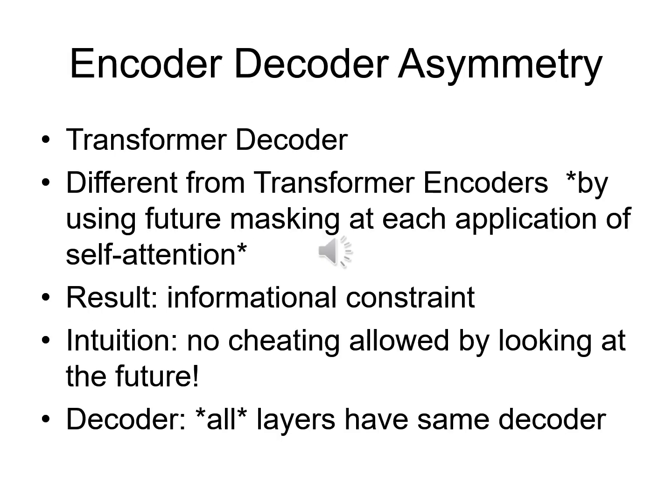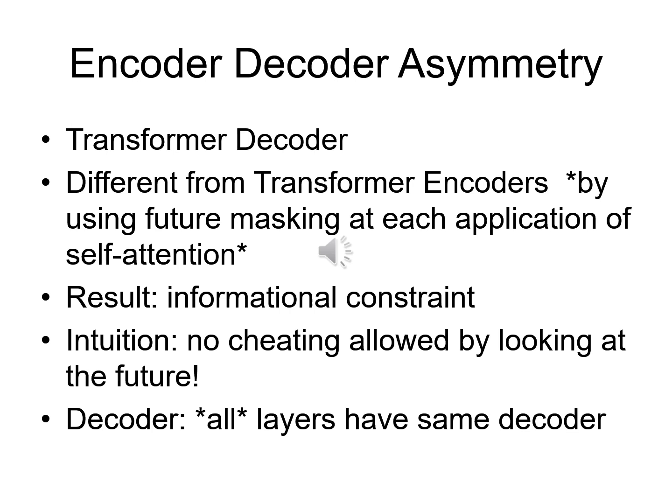So when you are applying a neural network model, typically you have a set of encoders, and different transformations are used for the encoding part and a different set of transformations for the decoding part. Here, when you do the transformer decoder, you use future masking at each application of self-attention. So what does that mean?